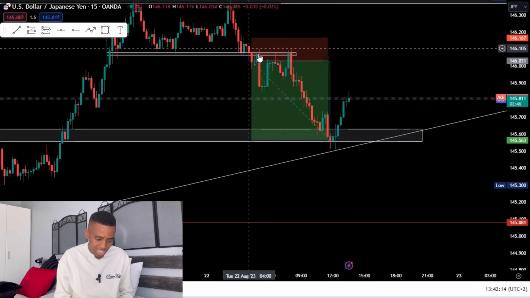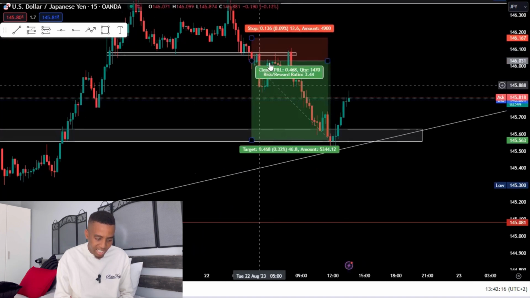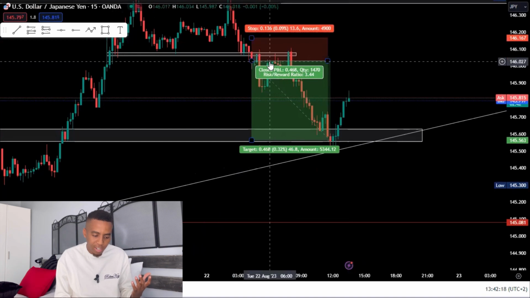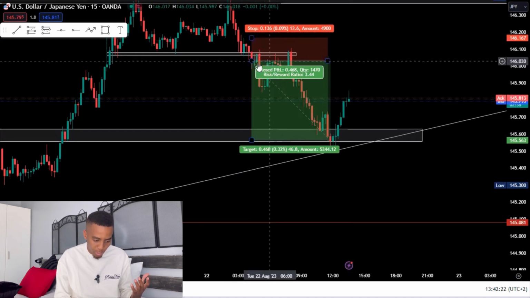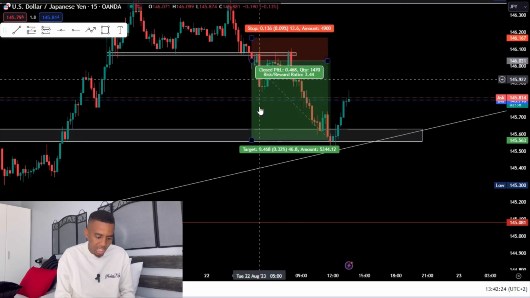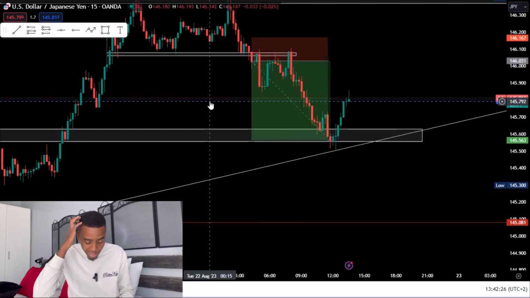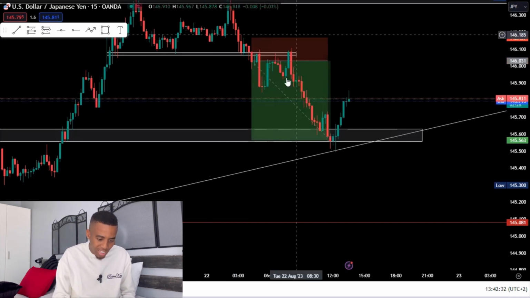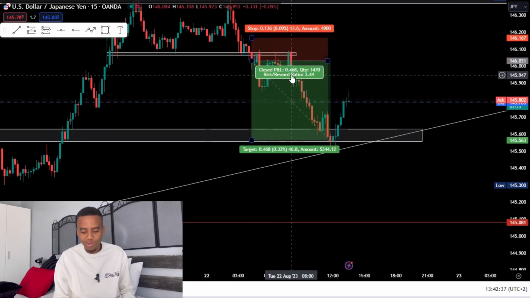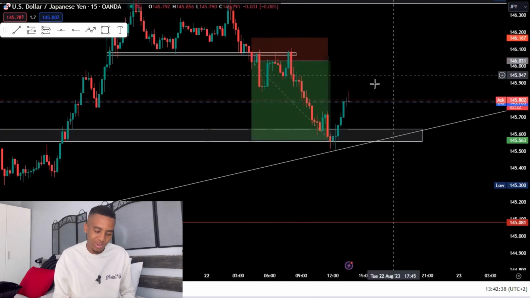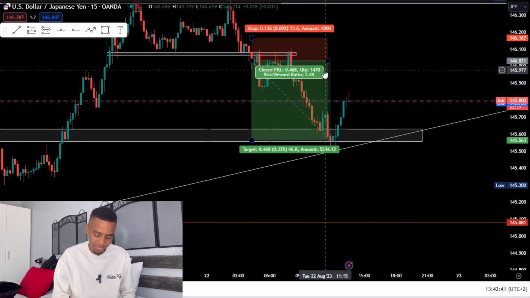So when it created this and then it turned around, I didn't even move my SL to entry point. After this long candlestick, I didn't even move it to entry point because I was literally saying, okay, I want to see how this market is going to play out. But after this, I was confident it was going to hit TP, and it hit it.